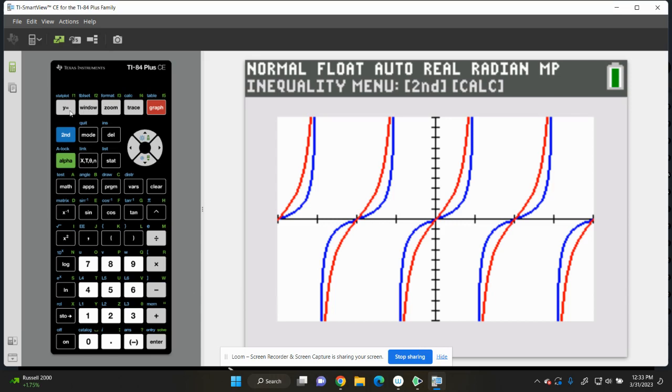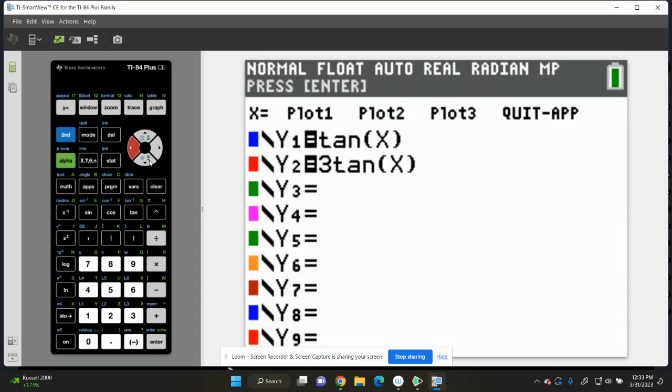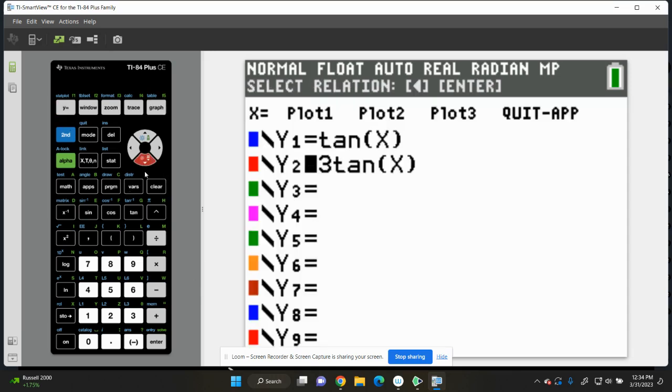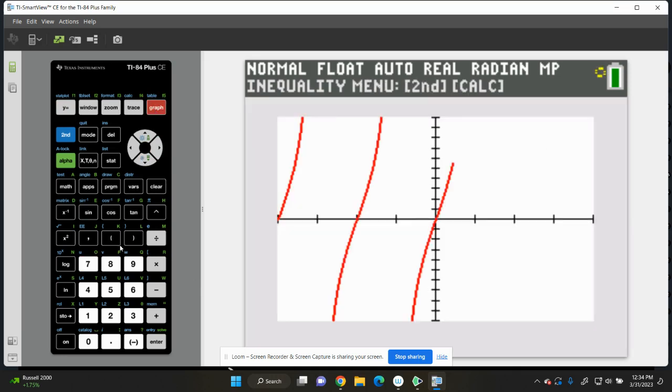If we look at 3 tangent x, it still has that shape, but it's not quite as severe. If I change that to maybe a 7, it's going to be less severe. The curve is getting less and less obvious.